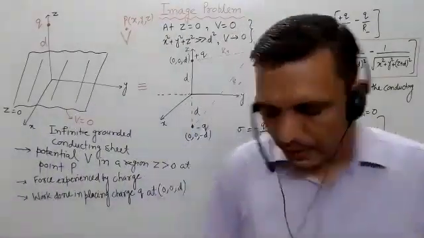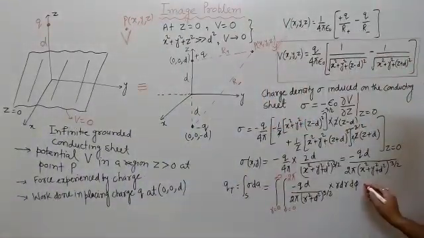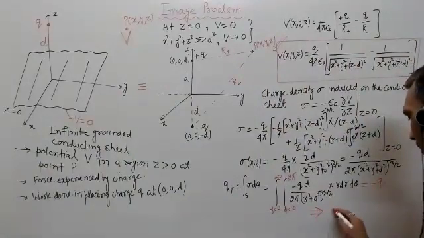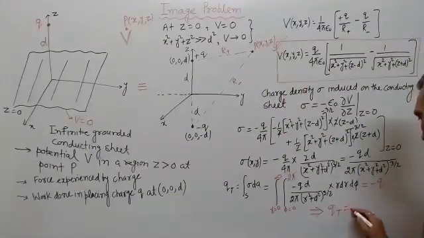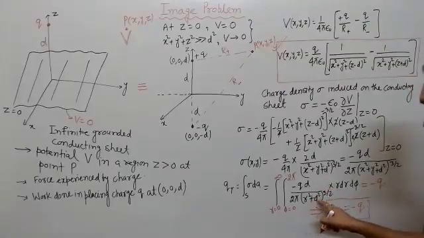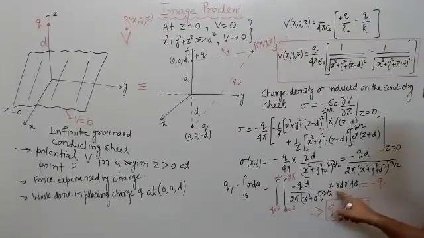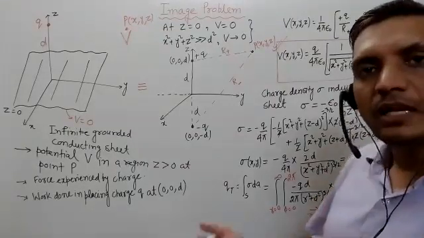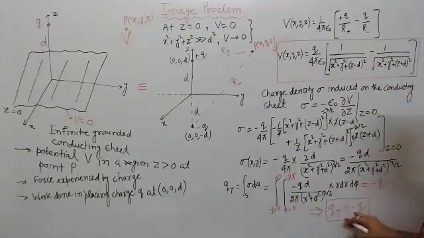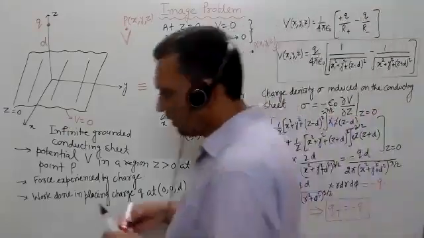If you calculate this integral, you will get minus q. So total charge induced will be minus q. You can easily integrate the integral of r dr over (r square plus d square) power 3 by 2. So you can take another variable, r square plus d square is t square. You will get the total charge on the conducting sheet is minus q. Is it clear?